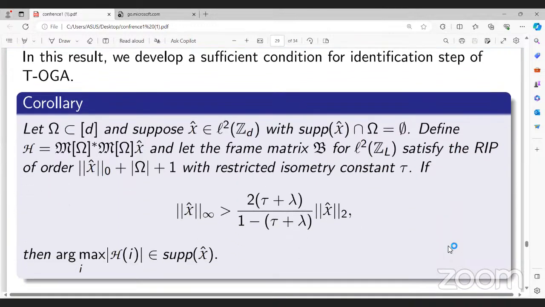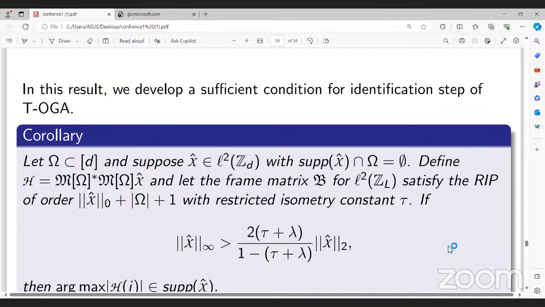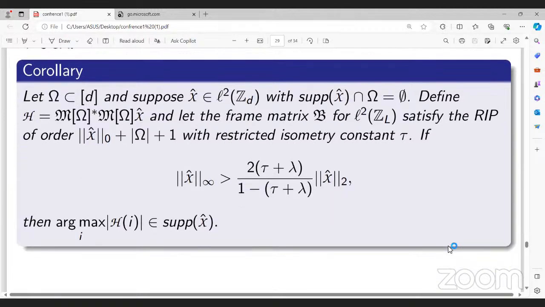And then in the next result, we develop a sufficient condition for the identification step of the TOGA. If omega is a subset of D and x cap in ℓ2(D) with the support of x disjoint from omega, then we define H equals M omega star M omega x cap, and let the frame matrix B for ℓ2(D) satisfy the RIP of order the zero norm of x cap plus cardinality of omega plus 1 with restricted isometry constant tau.